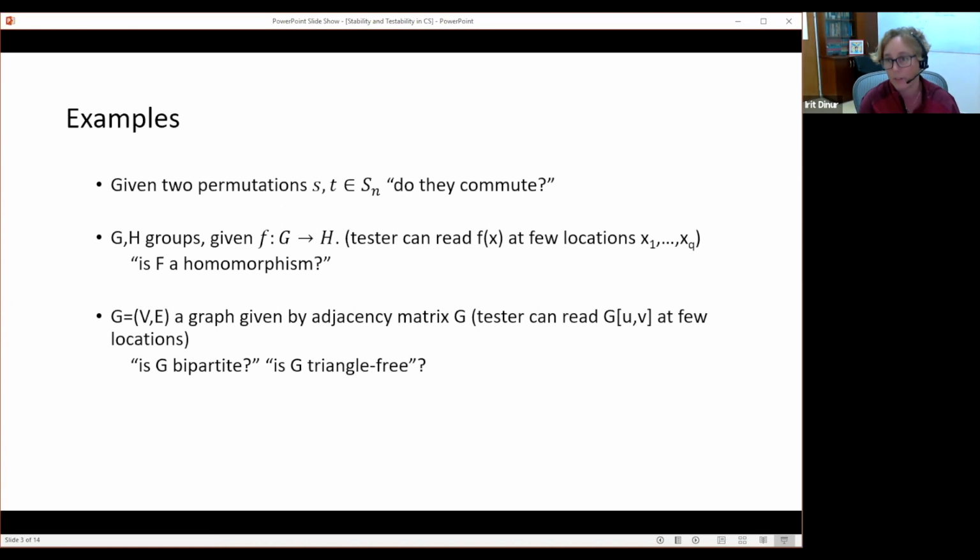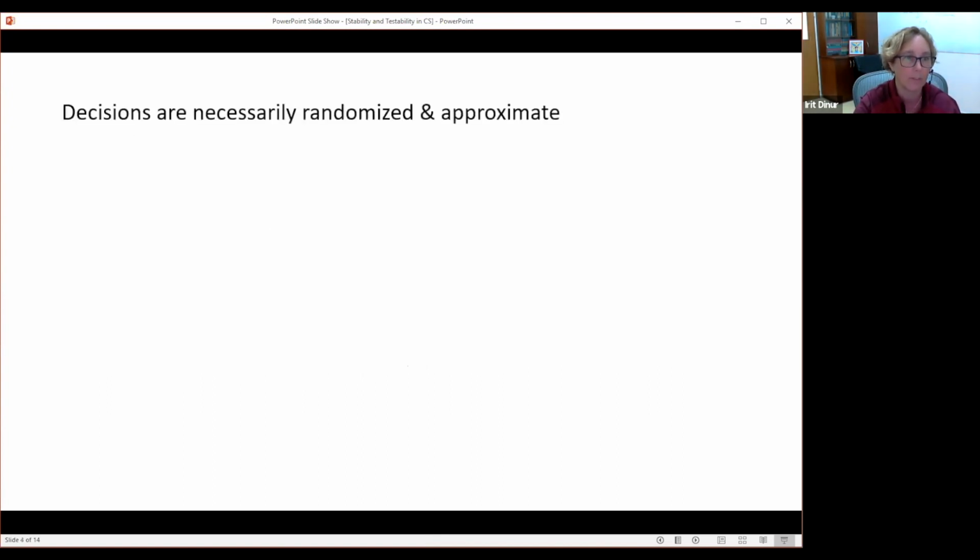So examples of graph properties that were the first ones to be studied are, is this graph bipartite? How can you check without reading the entire graph if it's bipartite? Another question is, is this graph triangle free? Okay. So these are some examples.